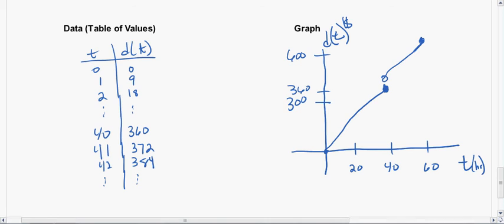Now, if I had connected that all the way back down to my origin, you would see that that line is a little bit steeper. This is the $9 an hour, 9t, and this is the $12 an hour, 12t. So the 12t function is a little bit steeper, but I don't need to include that red part that I sketched in. I just need the blue part. So there's the graph part of the rule of 4 for our piecewise function.